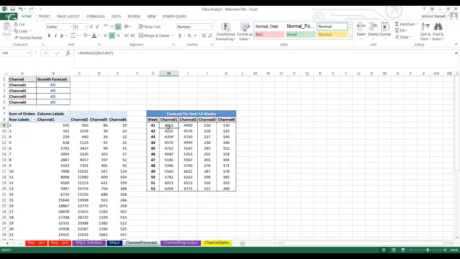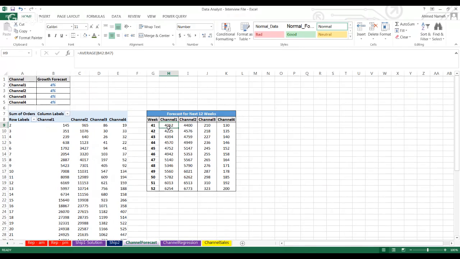So all I did here was take an average of essentially weeks 34 to 40, and thereafter I increased that amount by 4% week over week. So figuring out the forecast for channel one was pretty straightforward.